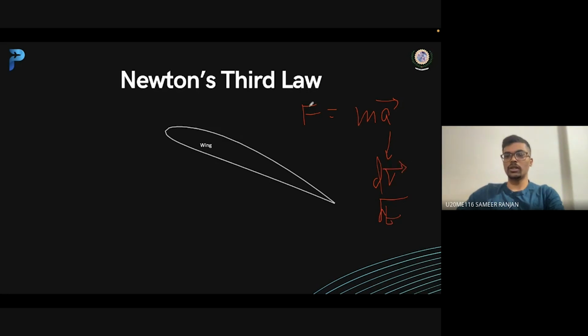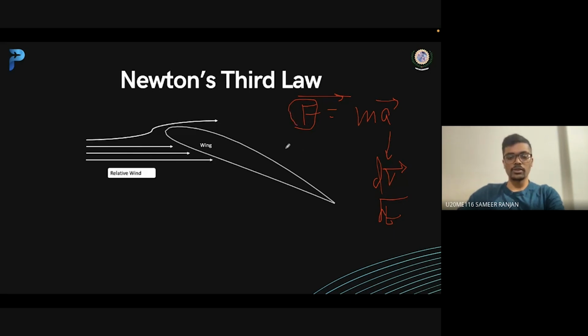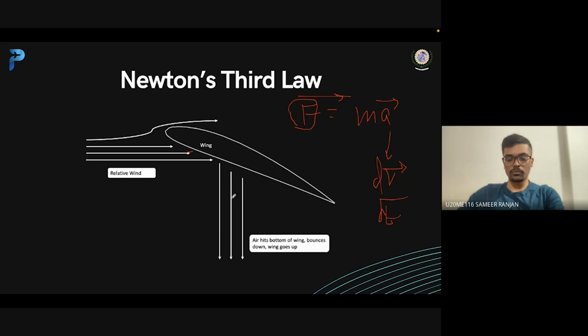Velocity is a vector quantity, and hence force is also a vector quantity. So if we change the direction of velocity, there will be a change in force. This is the relative wind direction in this wing cross section, and as it encounters the wing, it deviates in the downward direction, it bounces down, and due to this there is a net momentum change, and that's why it generates an upward force, which we call lift.